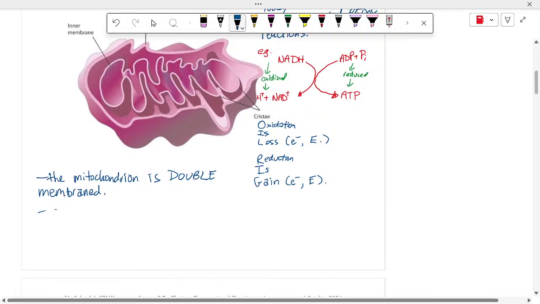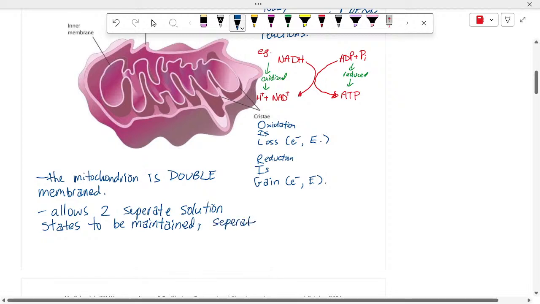And this allows two separate solution conditions, or solution states, to be maintained, separated by a semi-permeable membrane.